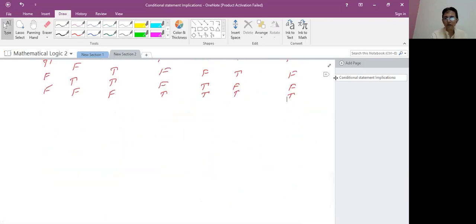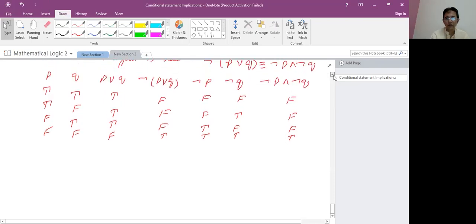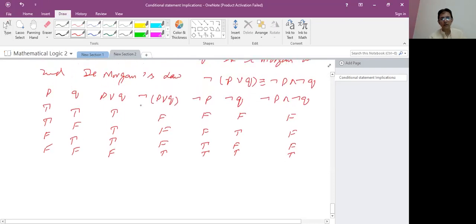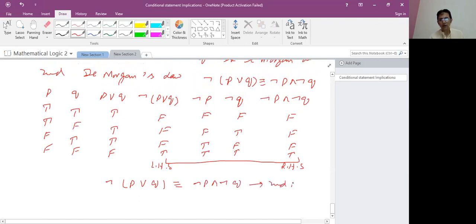So student, when we consider the left hand side of the law and the right hand side, you can easily see they are the same. It means they are logically equivalent and proved. It is called the second De Morgan law.